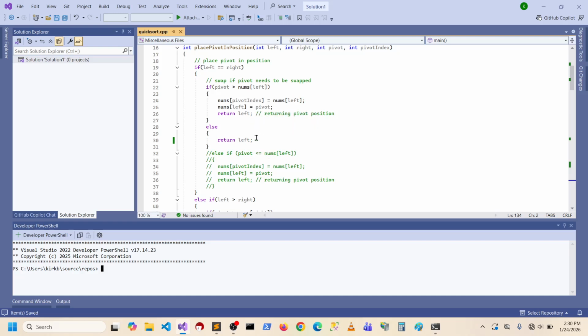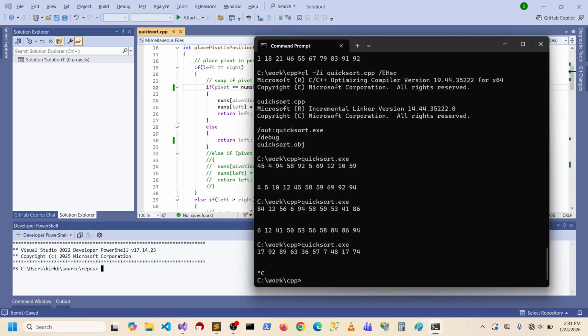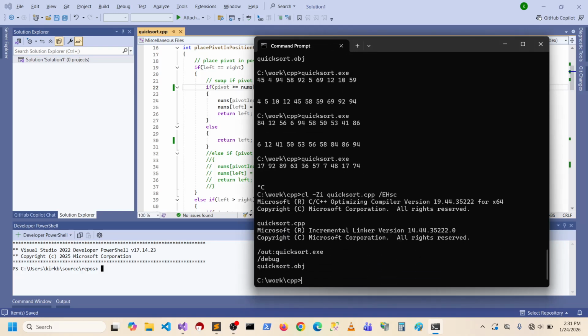Maybe we need to put the equals up here. Greater than or equals. Then go ahead and do that. Who knows? Who knows? I'm sure you guys know because you probably know the algorithm.